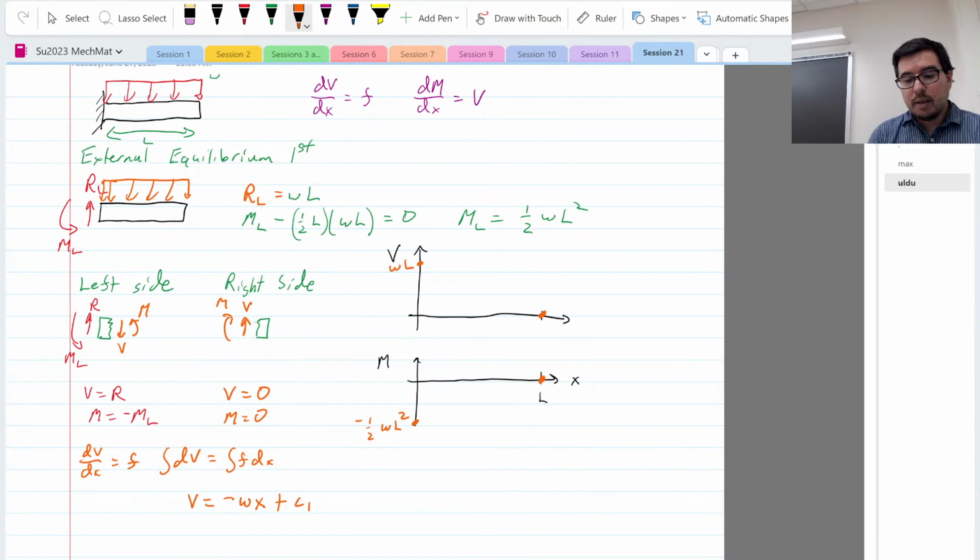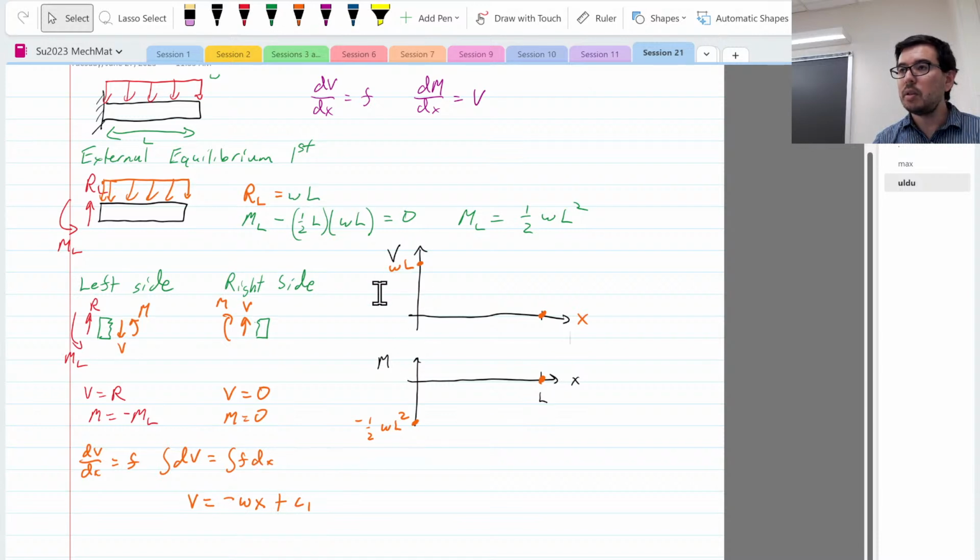There are a couple ways to look at this, but if we start where we said this is x, then when x is equal to 0, c1 has to be equal to wL.